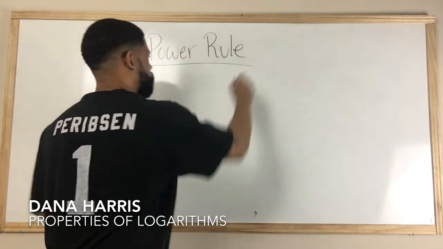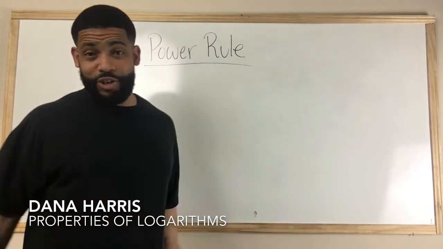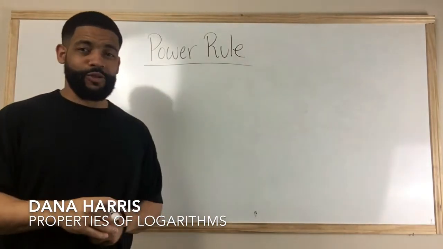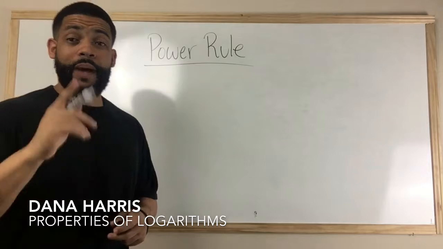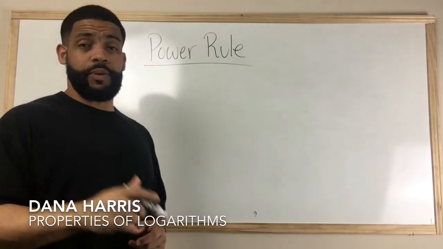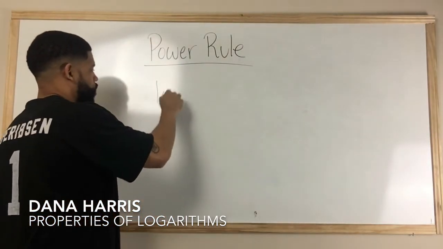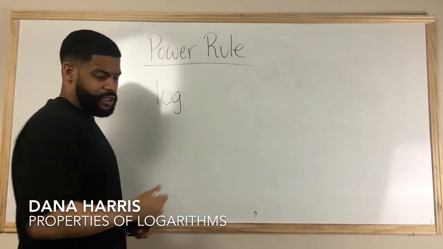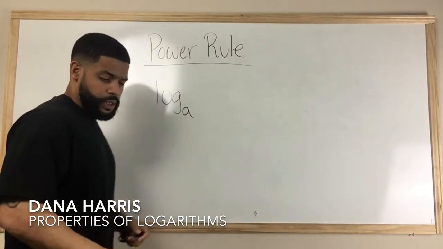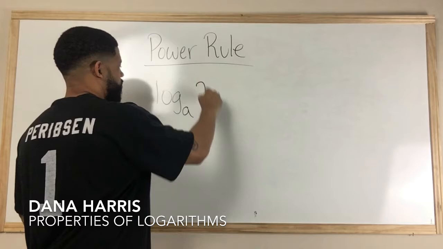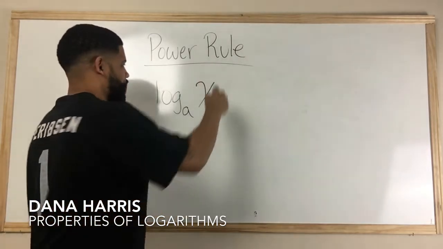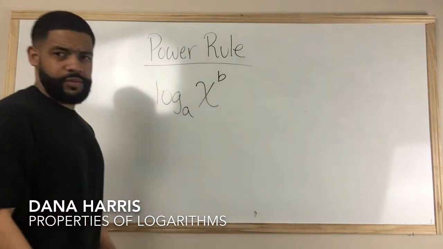The power rule. No, I'm not talking about the TV show Power or superpowers or anything like that. The power rule, we're talking about exponents. So if I have the log, let's stick with base A still.